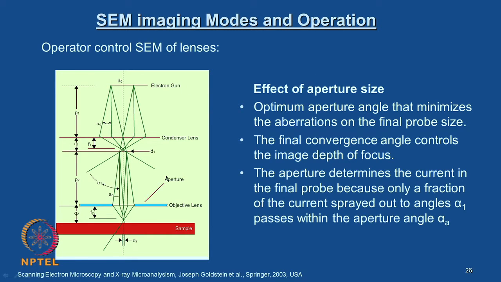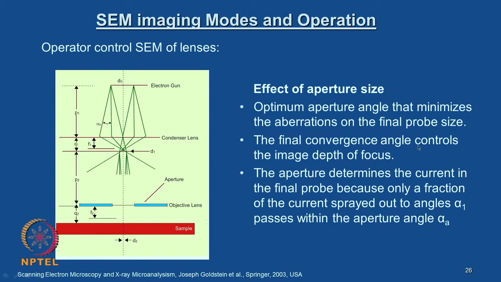This schematic clearly shows the final aperture, which basically controls the probe diameter which finally impinges on the sample, by controlling the objective lens. This is what we summarized here: the optimum aperture angle that minimizes the aberration on the final probe size.